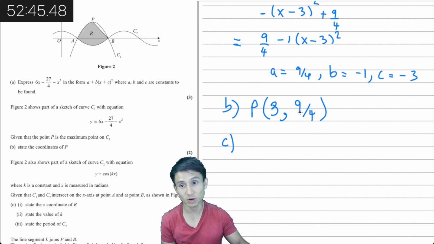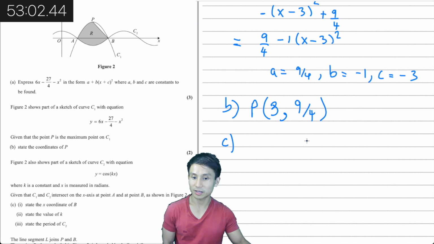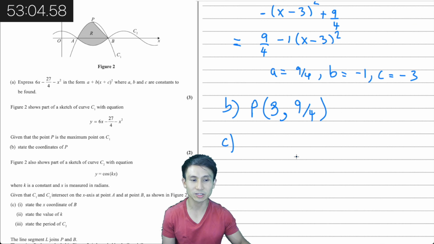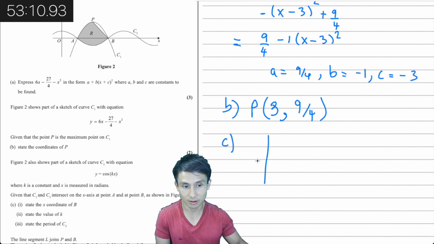Right, so we need to equate them and solve the equation. We just have to figure out the cosine function there. The kx doesn't affect. So in the normal cos function, let me just draw a cos function here a little bit.